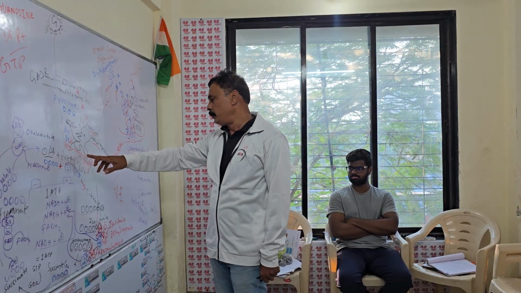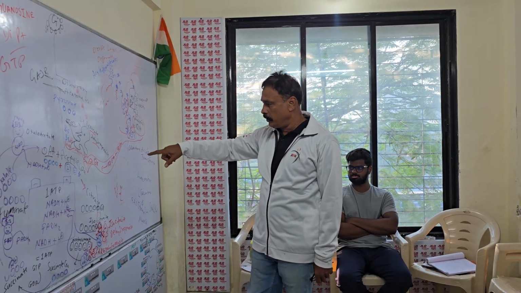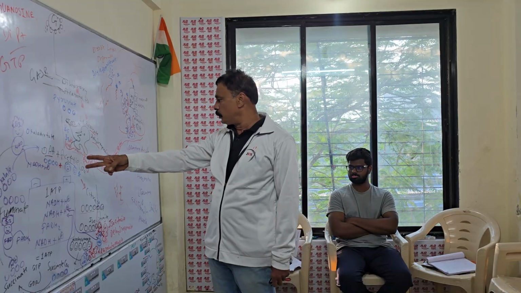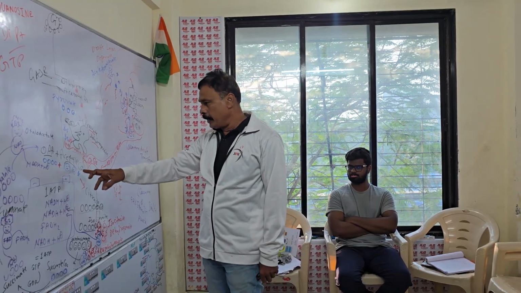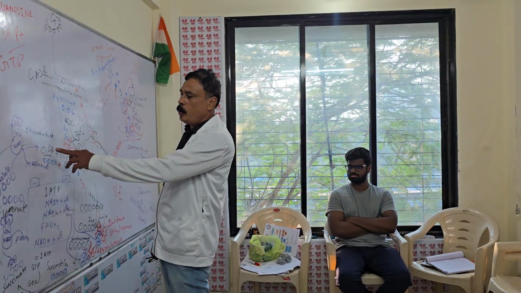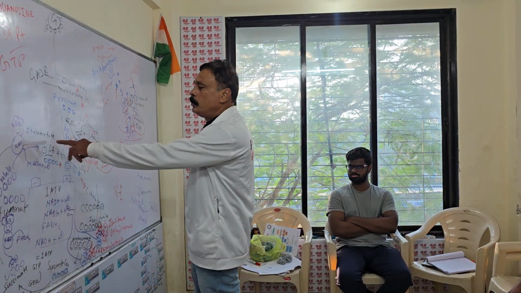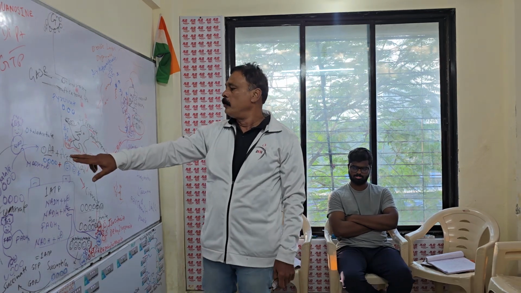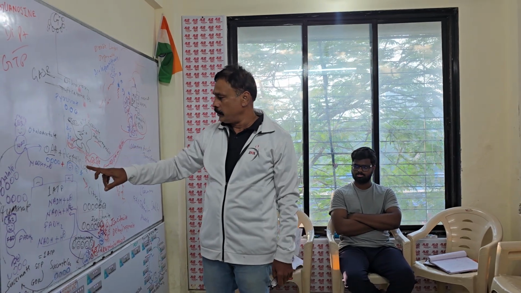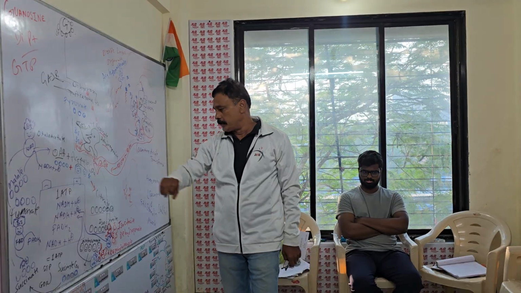Then it will cut down one carbon, and these two carbons will enter as acetyl CoA. At the same time this OAA, that is oxaloacetate, is already present there. So together this will make 4 carbons plus 2 carbons.